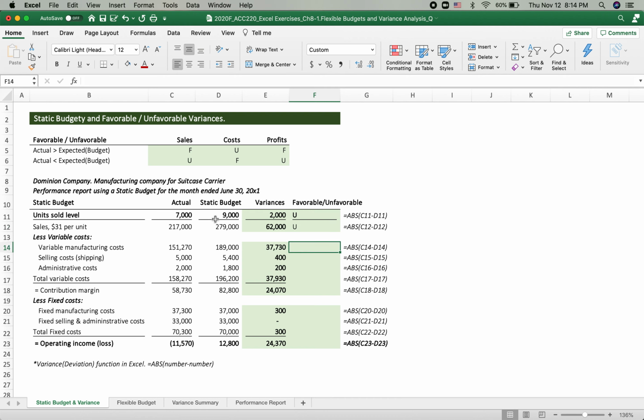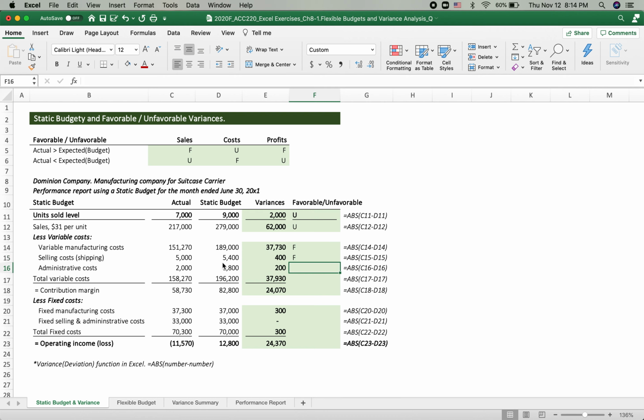What about the variable manufacturing cost? The actual cost was lower than the static budget, so we saved money. That is favorable. Also, the selling cost actual was lower than the static budget, favorable.